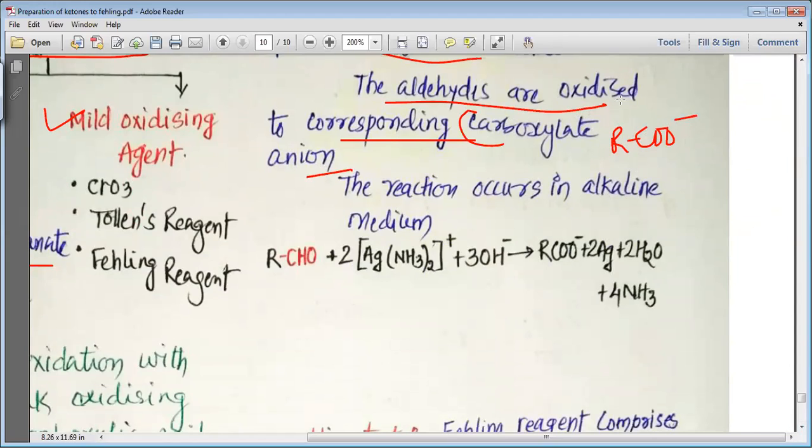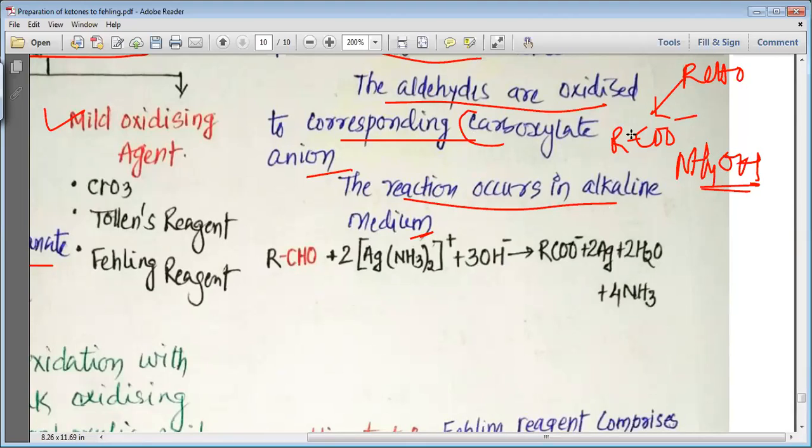So we can say RCHO turns out to be RCOO minus. The reaction occurs in alkaline medium because NH4OH that we have used to make ammoniacal silver nitrate is basic, and that is why the reaction proceeds in the alkaline medium.